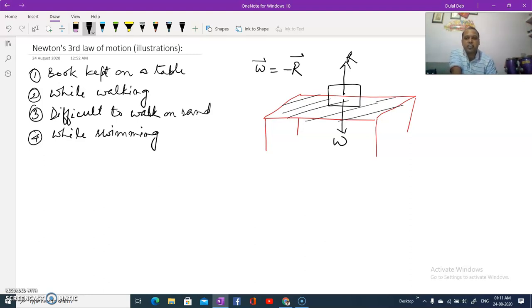Now let us take the second example here. While walking, suppose we are walking. Let me draw a diagram. I don't think my diagram will be okay, but suppose a person is walking.